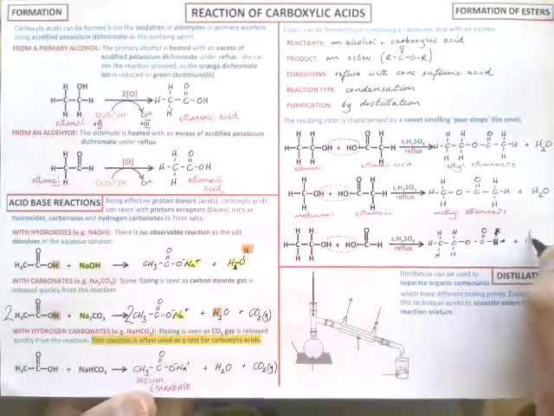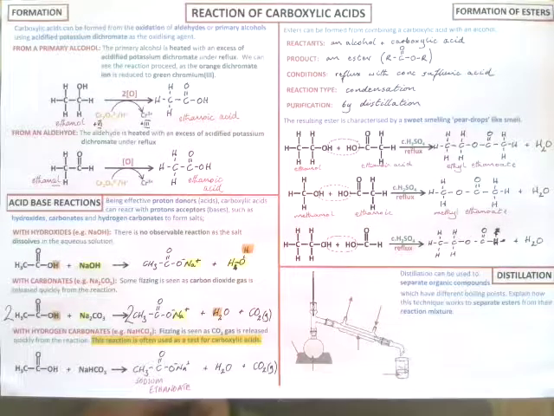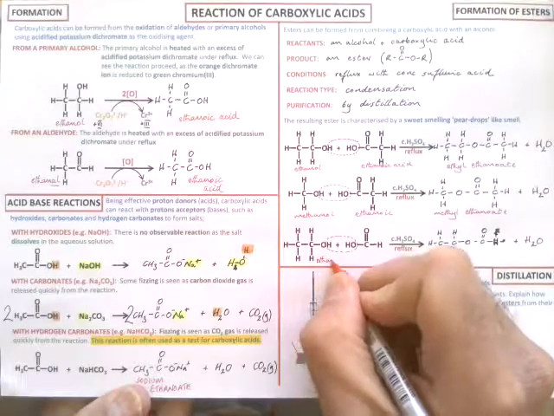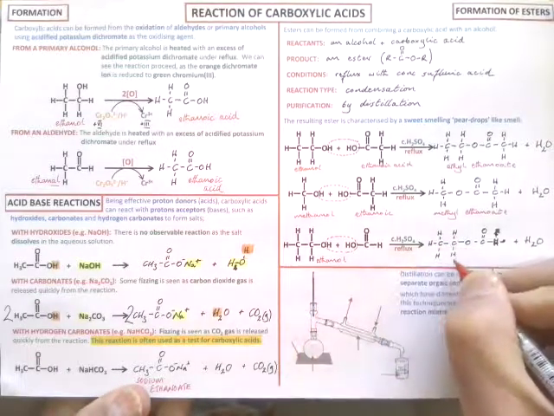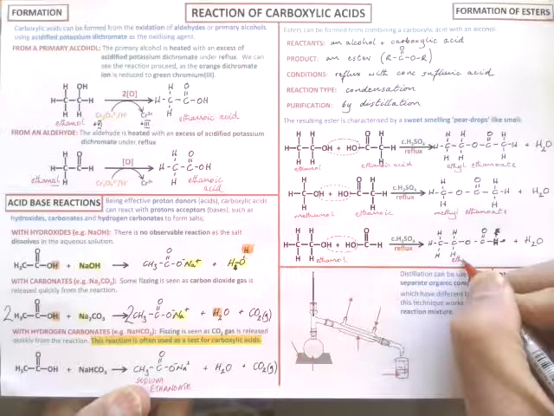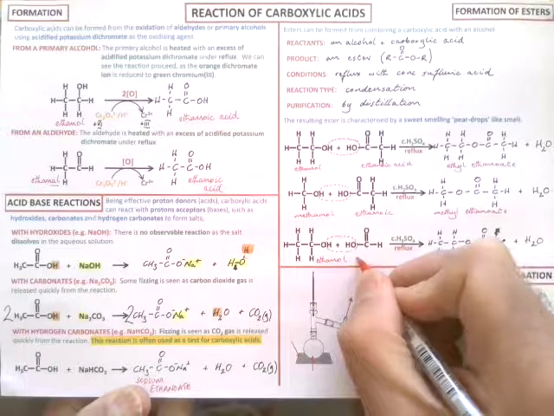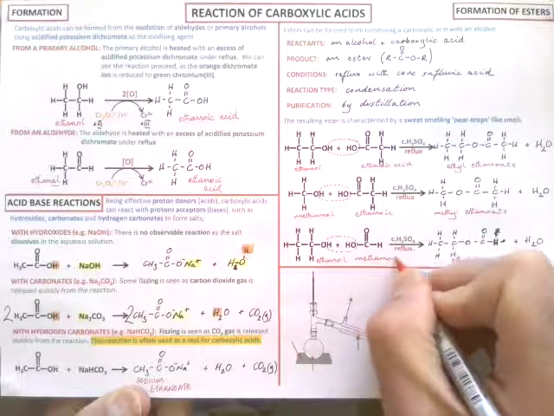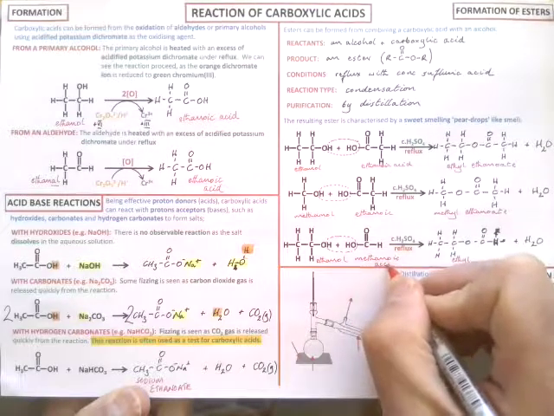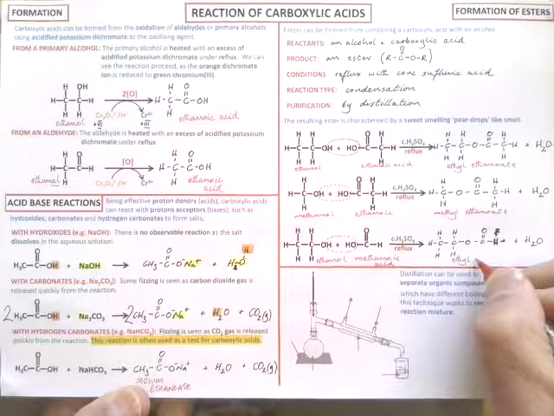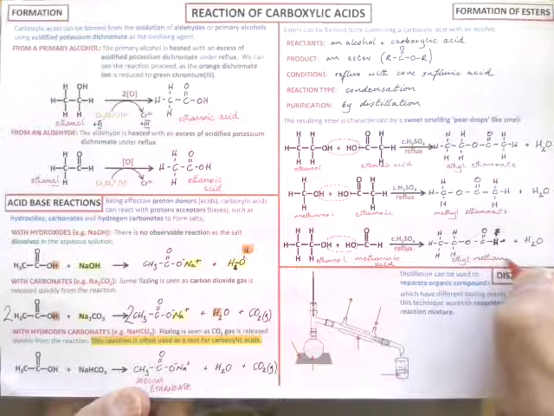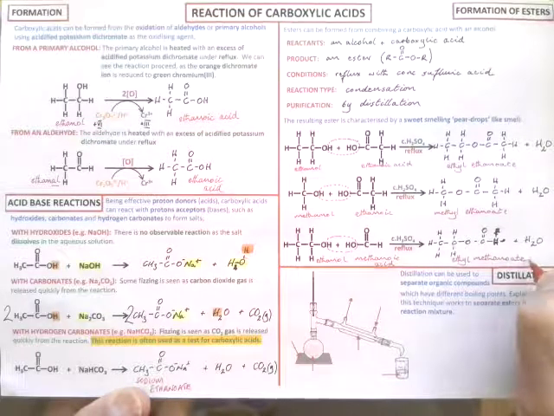And H2O. So ethanol would make this first part ethyl, and then methanoic acid, the shortest possible carboxylic acid, would make this methanoate. Ethyl methanoate. There we go.